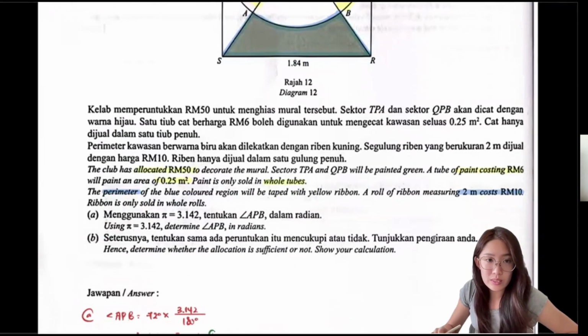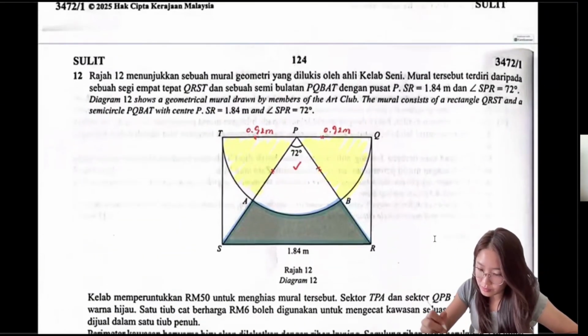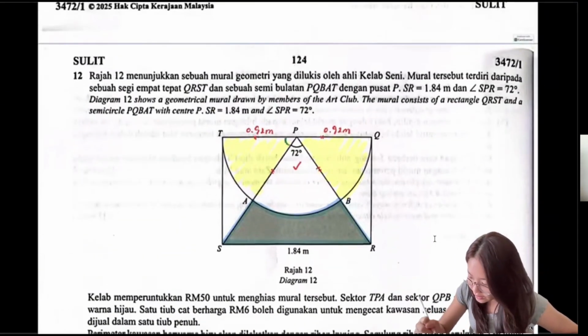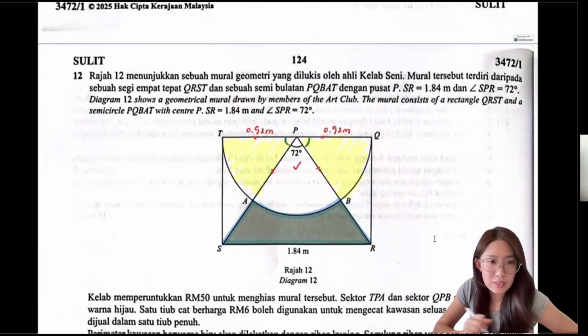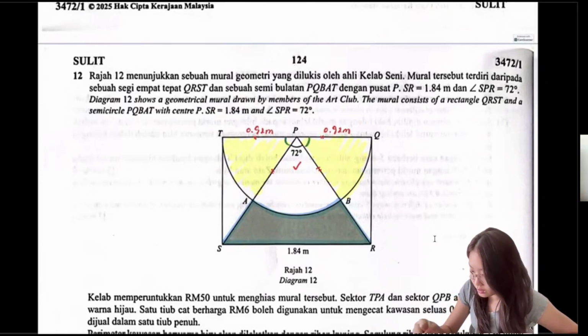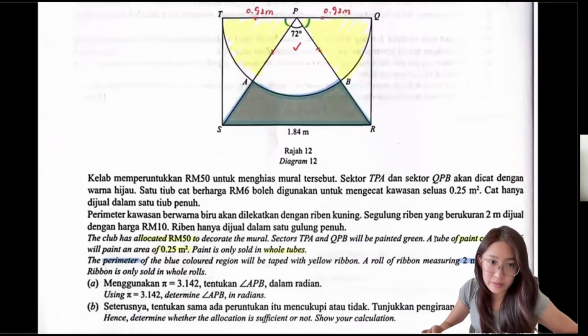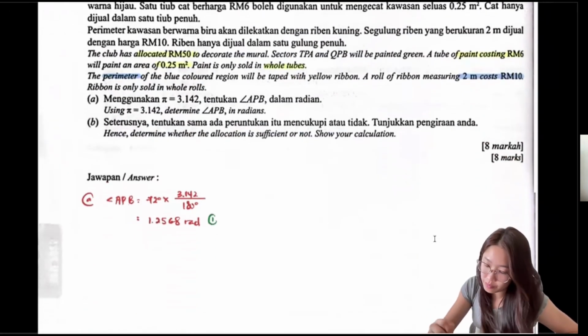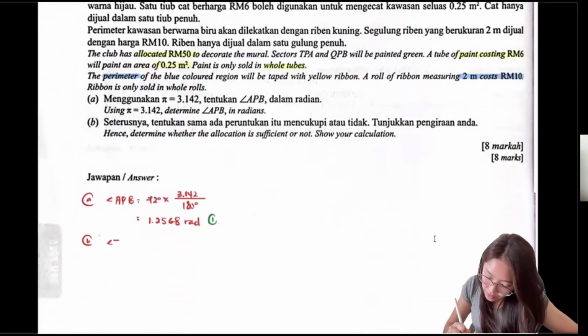So the first one, let us look for the angle here, TPA and QPB. They are the same angle, because this is 180 degrees, then minus 72, and then divide by 2 parts. So TPA equals QPB.